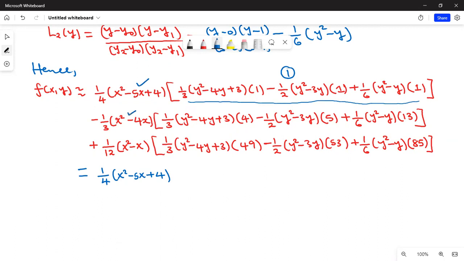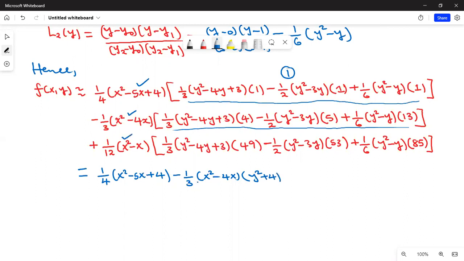Then now this one, negative 1 over 3 times x squared minus 4x. Let's work out this other bracket. What do you need to get? If you work it out, because I know you can do it, you are going to get y squared plus 4. So I'm going to write here times y squared plus 4.